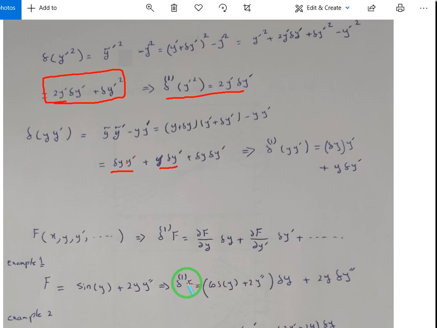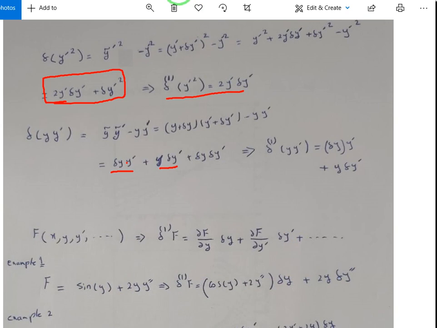You can see partial derivative of f with respect to y is equals to cosine of y plus 2y double dash, all of them multiplied by delta y, and partial derivative of this equation with respect to y double dash is equals to 2y multiplied by delta y double dash.